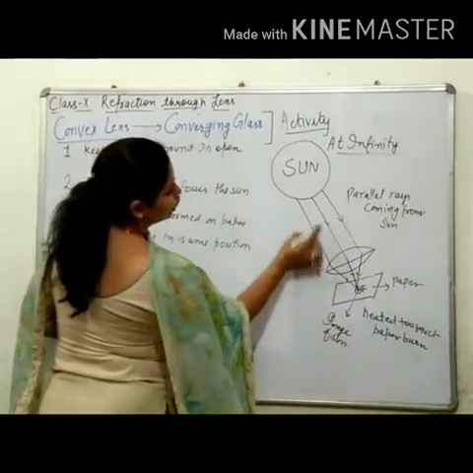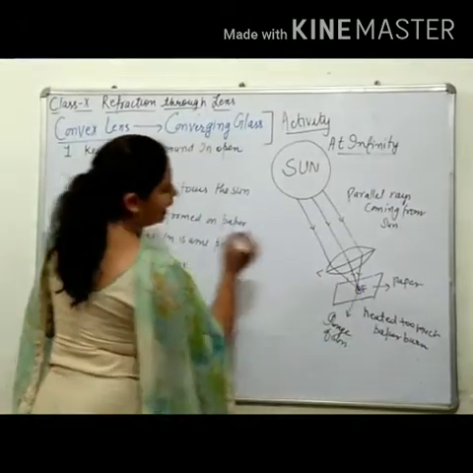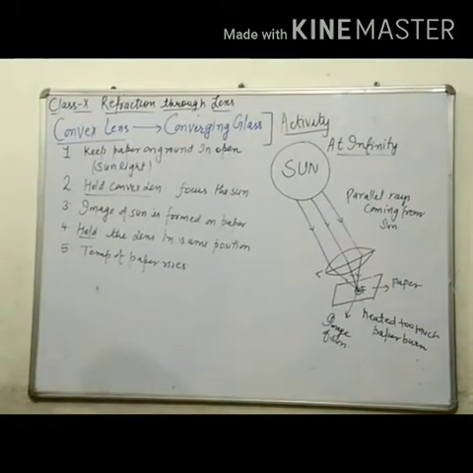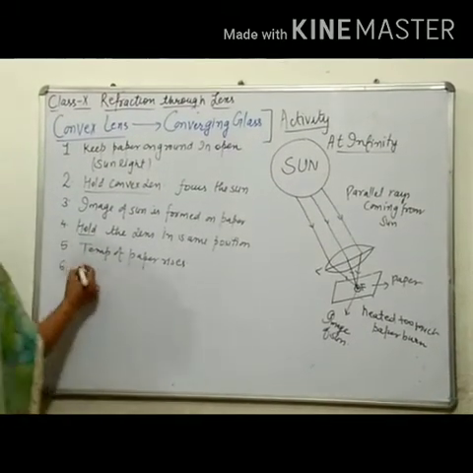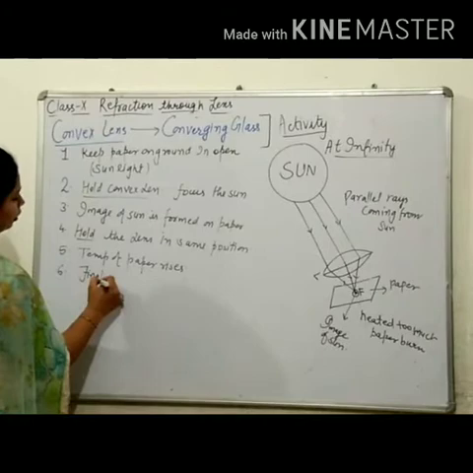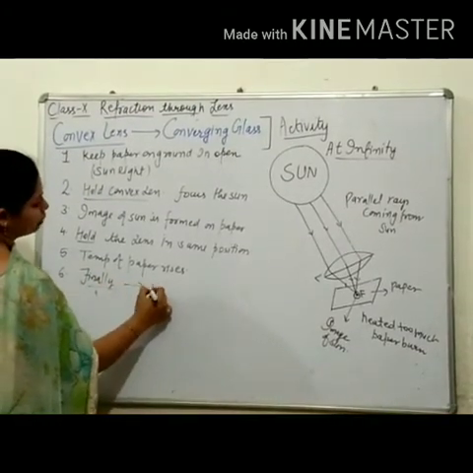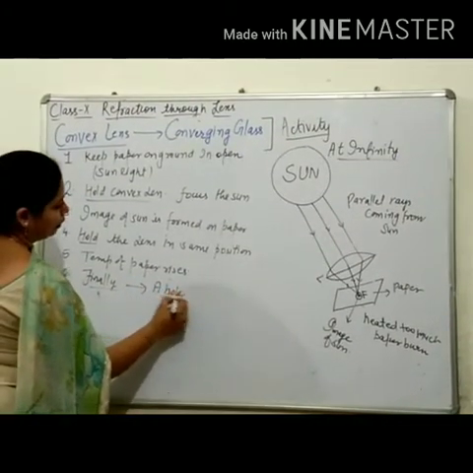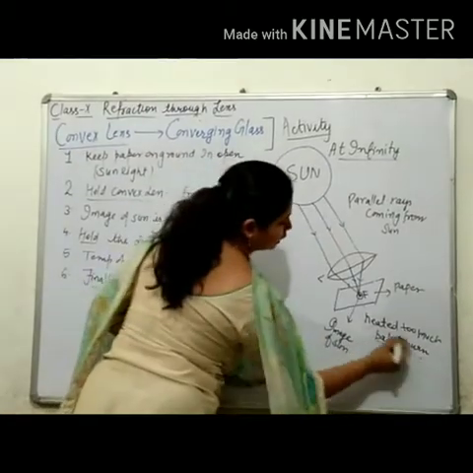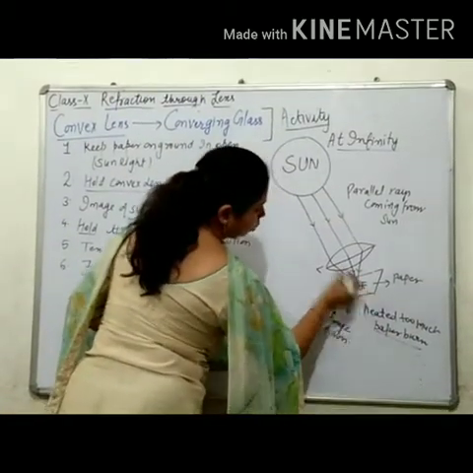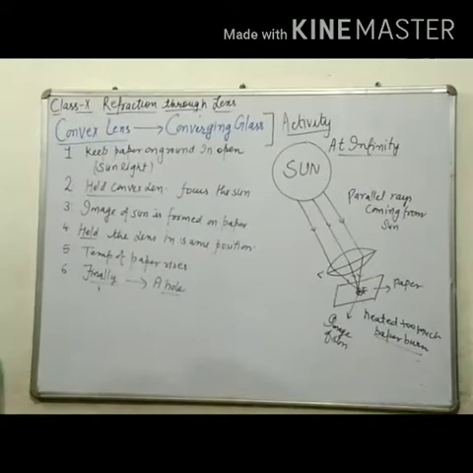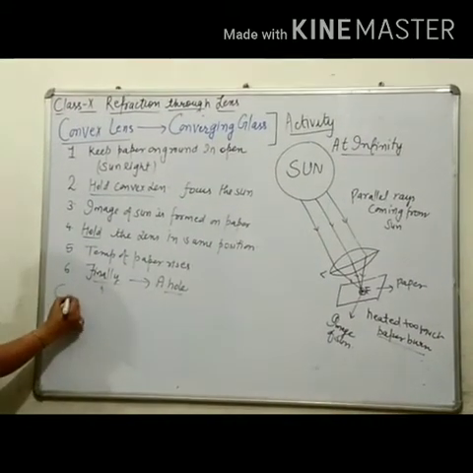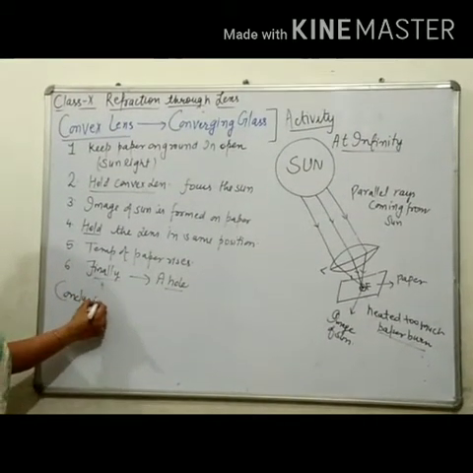Due to collection of all the heat rays at this point, the temperature of the paper rises, and finally there becomes a hole. It means the paper burns at this position.